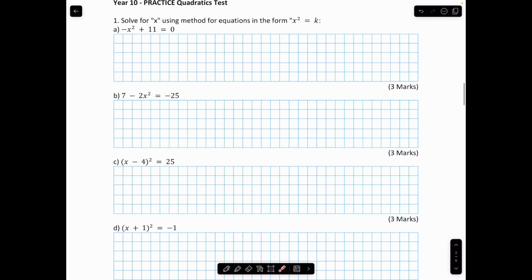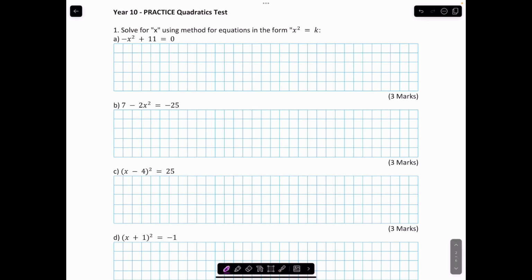Let's answer these now. Solve for x using the method for equation in the form x squared is equal to k. So in this case, you shouldn't use the quadratic formula because it's just going to make it harder. You've got negative x squared plus 11 equals 0. It's not x squared is equal to k yet, so we need to make it look like that. The opposite of 11 is negative 11.